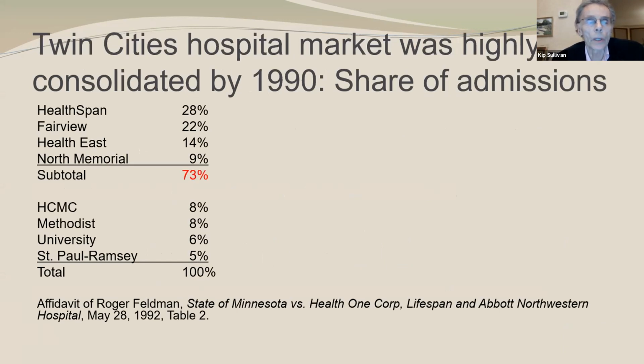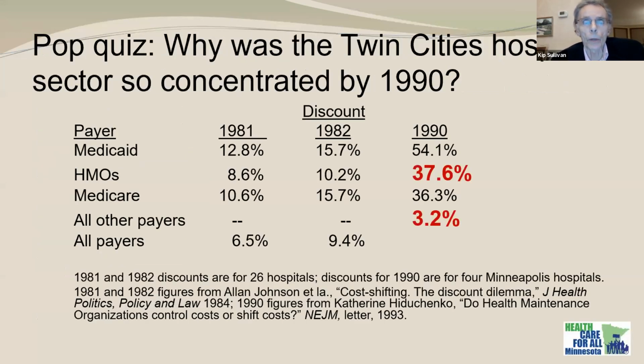You see here that the top three hospital clinic chains, HealthSpan, Fairview, HealthEast, along with North Memorial and Robbinsdale, together controlled 73% of the hospital market. Now, pop quiz. If you were here for the webinar in October, why was the Twin Cities hospital sector so concentrated by 1990?